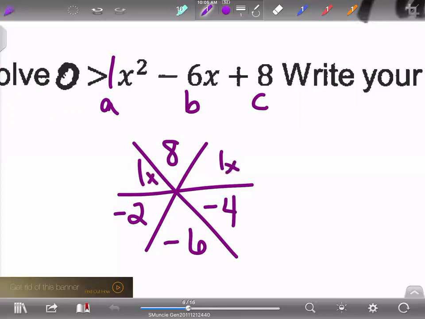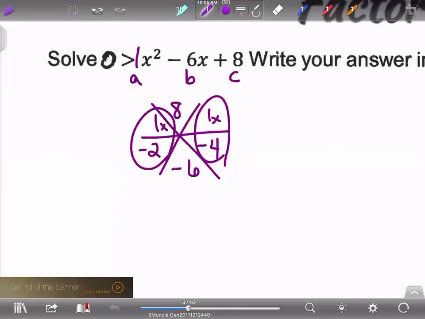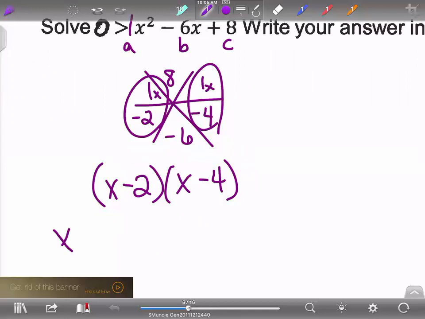Can you reduce either side of your fractions? No, so we're gonna have factors x minus 2, x minus 4. What are we gonna do with them? Set them both equal to 0. We gotta figure out the x values.